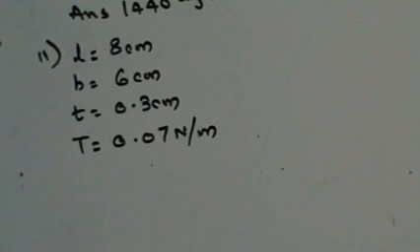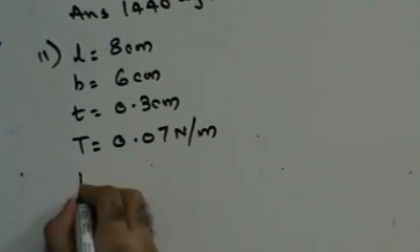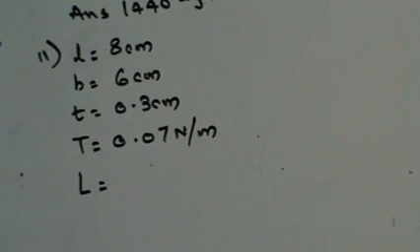Now, guys, they have specifically said that the plate is held vertical. Since the plate is held in a vertical position, the surface of the plate that will be in contact with the water will be the length and the thickness, because the plate, instead of being held horizontal, is held vertical. That means the length of the plate and the thickness of the plate are going to be in contact with the water.